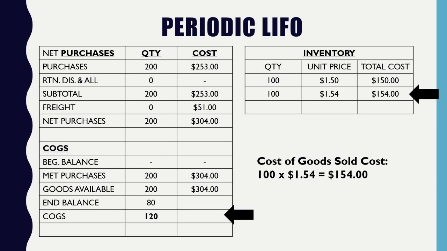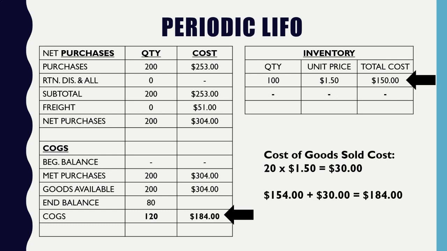That batch, which cost me $1.54 each, is the first batch I'm going to take out. We sold a total of 120 items, so we take our first batch of 100 items at $1.54 to give us a total of $154.